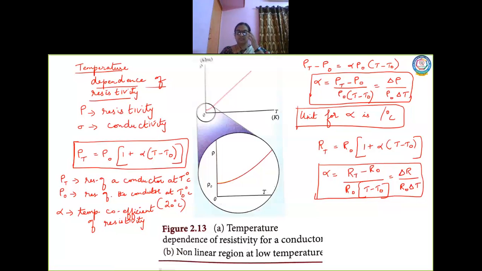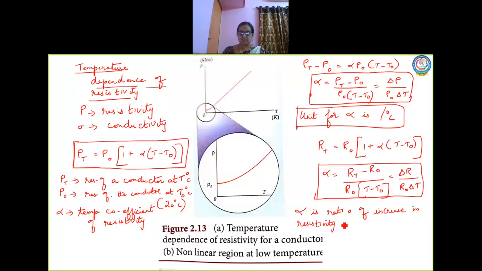Now let us compare this equation with respect to conductors and semiconductors. So before that, let us define what is temperature coefficient of resistivity or temperature coefficient of resistance. Now look at the equation here. Now this alpha is defined as the ratio of increase in resistivity. So how will the resistivity change?